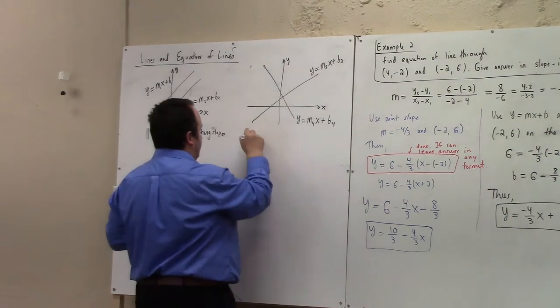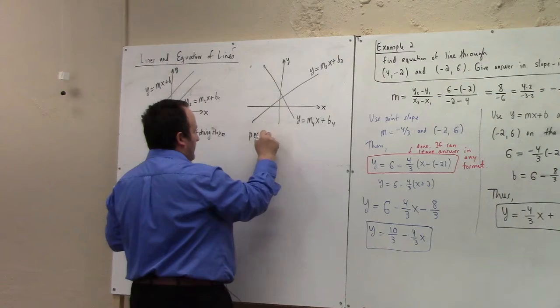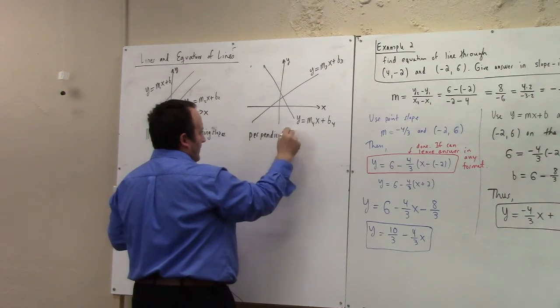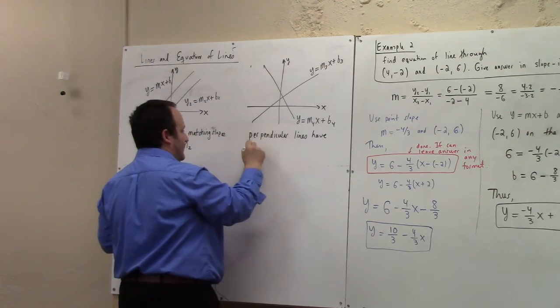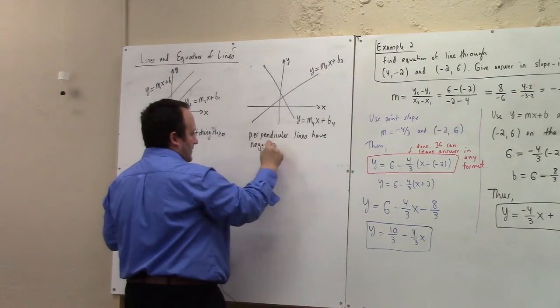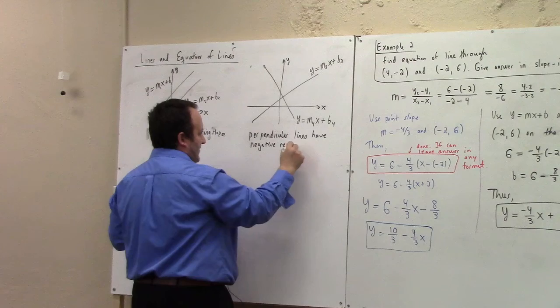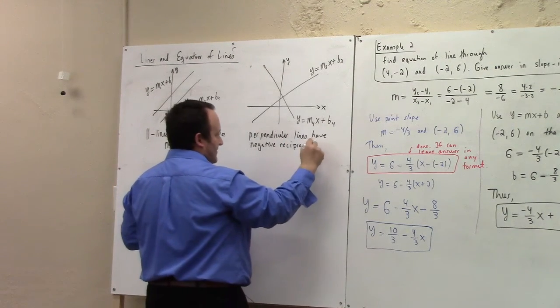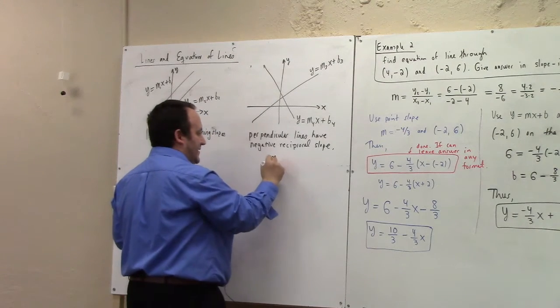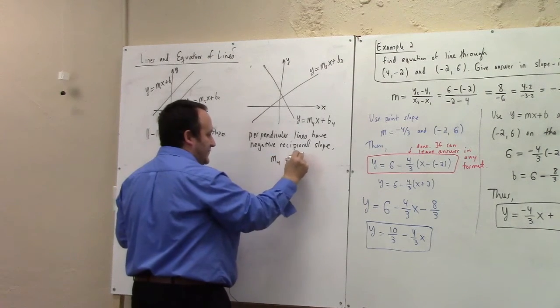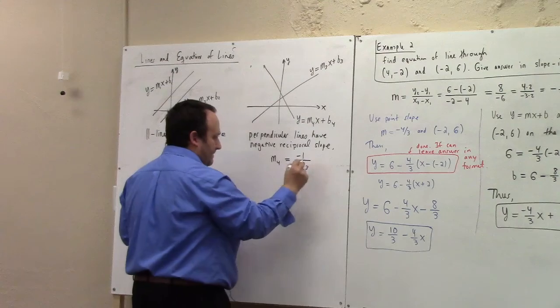Perpendicular lines, in contrast, have negative reciprocal slope. You're like, negative reciprocal slope, that does not give me joy. And so, fine. What I mean by that is m4 is equal to minus 1 over m3.